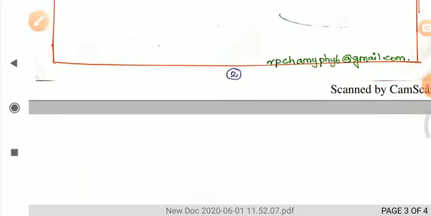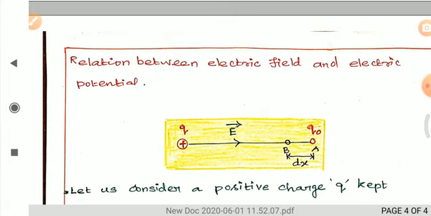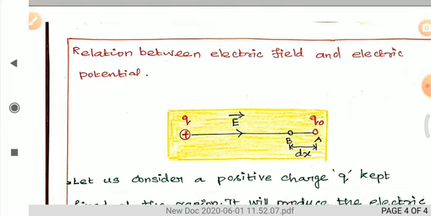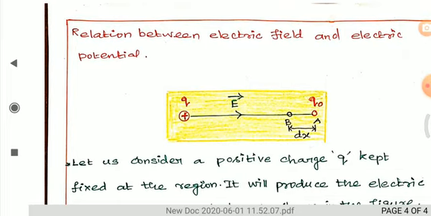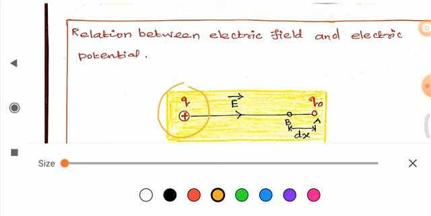Then the next important topic is the relation between electric field and electric potential. To understand this topic, we imagine a point charge Q at some point in space.